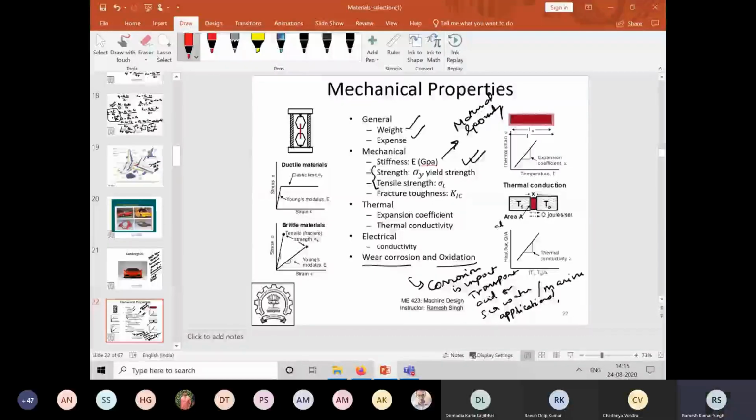I have to put a pipeline inside the sea for some reason, for pumping out the crude from Bombay High or providing something else. But primarily, the primary issue would be that it's a very corrosive atmosphere. Seawater has a lot of salt. And this salt can create corrosion, right? So a corrosive atmosphere becomes a very big issue.